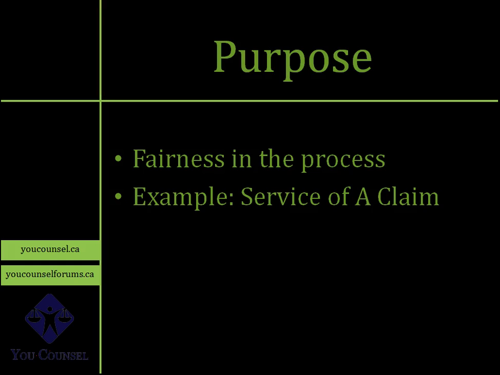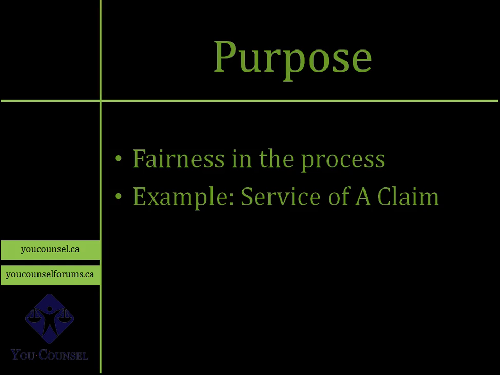So the rules provide specific ways of how that claim can be served. That's an example which ensures that the person has actually received it, and if at that point that person decides not to defend it, then the court can proceed with awarding a judgment against that person.